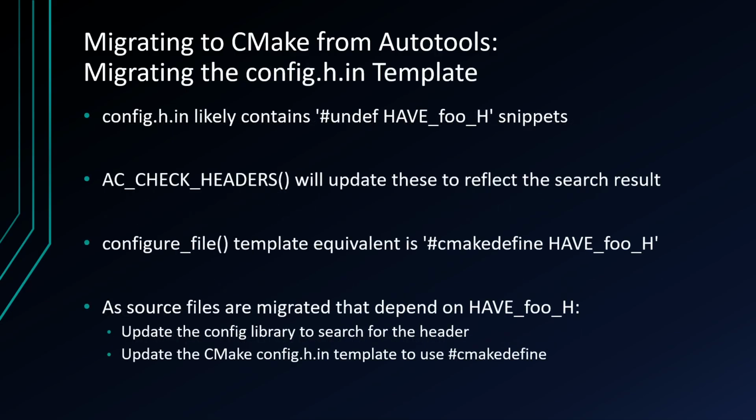Configure file, before I just skip here to the next thing, configure file also has a way of defining the symbol always, and the value of the macro is either 0 or 1 based on the result of the truthiness of the variable.